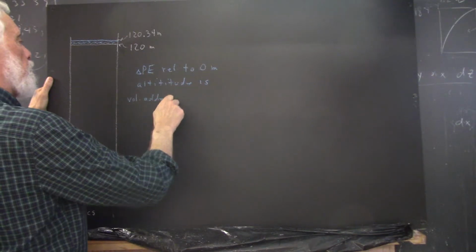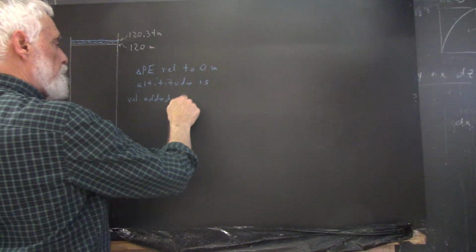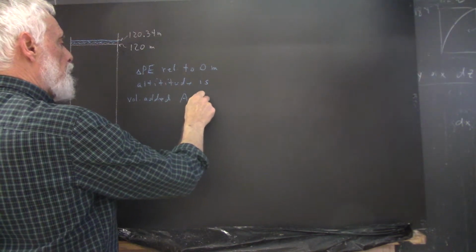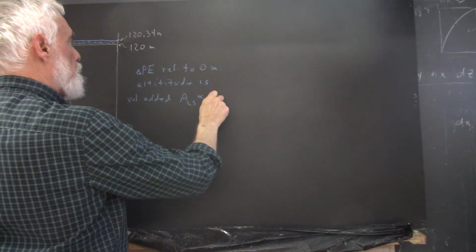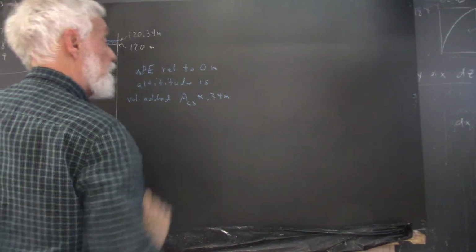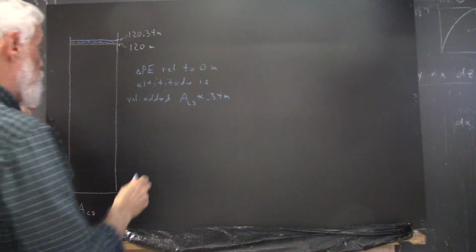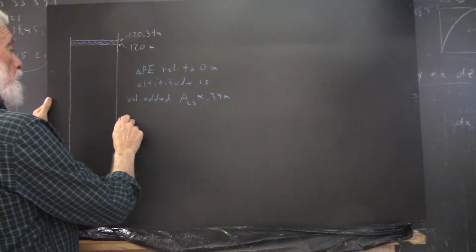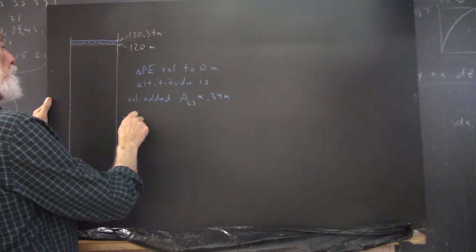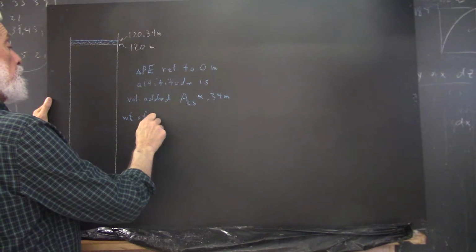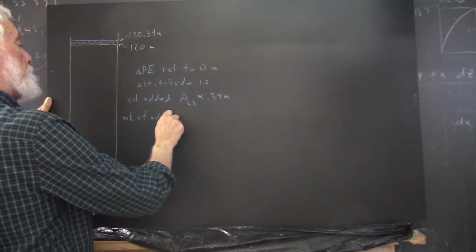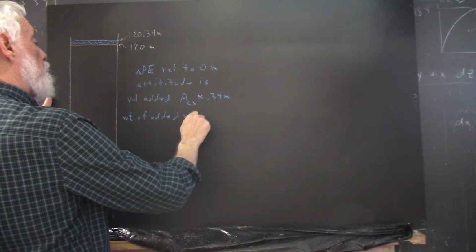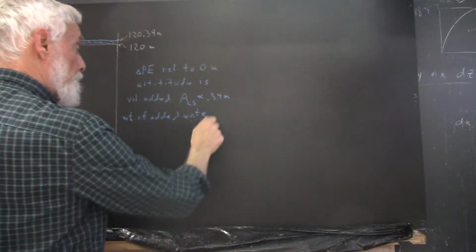Well, the volume added is ACS times 0.34 meters. Now the mass, now let's just do the weight. What's the weight of the added water?